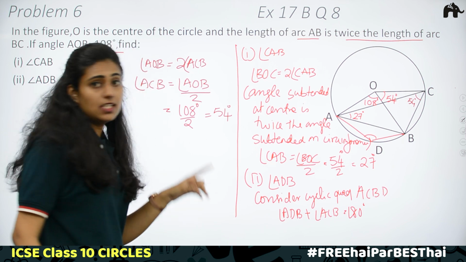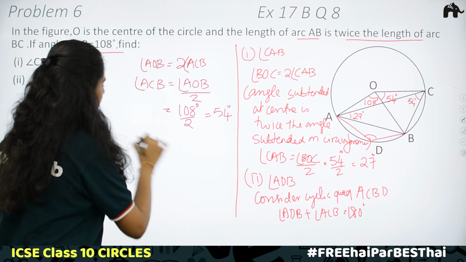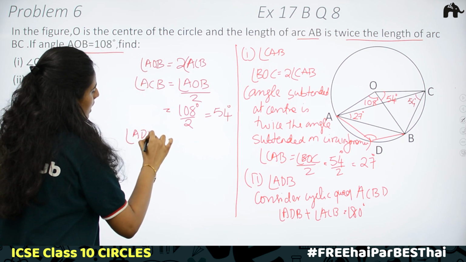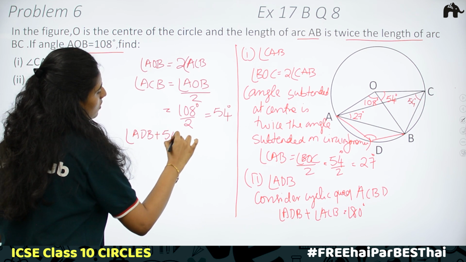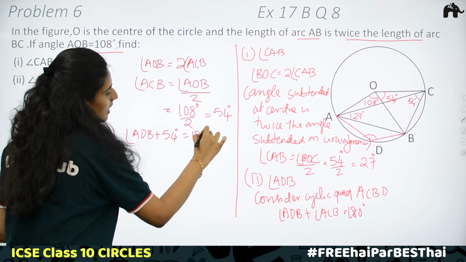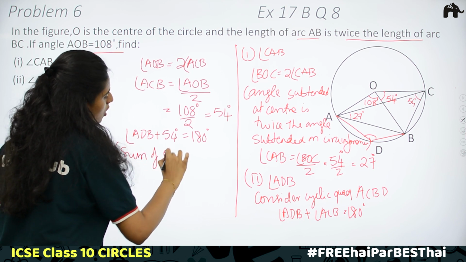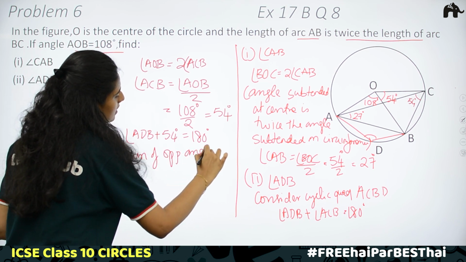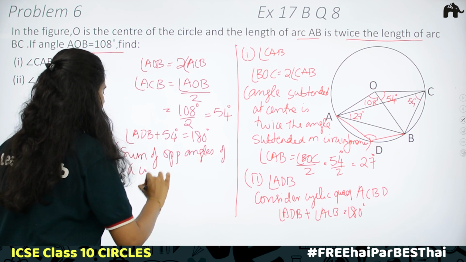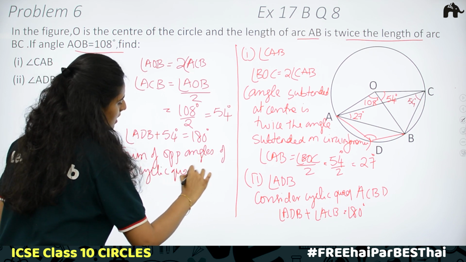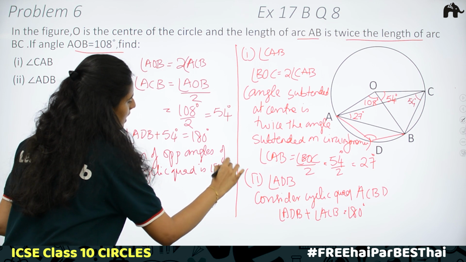If angle ACB is equal to 54 degrees, we have angle ADB plus 54 degrees is equal to 180 degrees. What is the reason? Sum of opposite angles of a cyclic quadrilateral is 180 degrees.